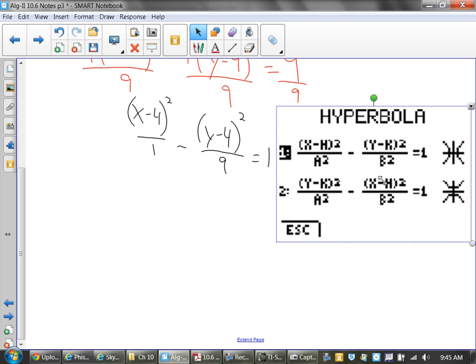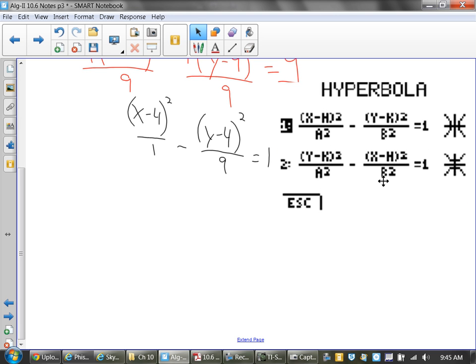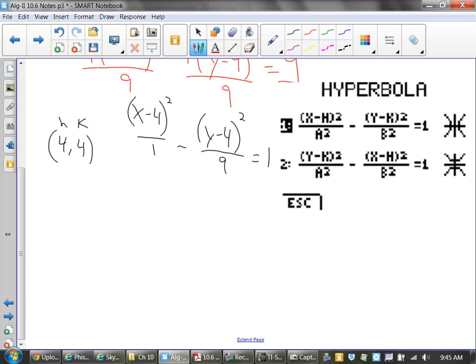With the hyperbola equation, the difference is what comes first. In this case, the x squared term came first, so it's going to be moving left and right. So I know my center is at 4, 4, the h, k. I know that a squared is 1 and b squared is 9.